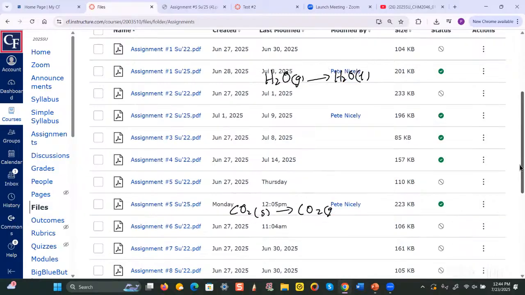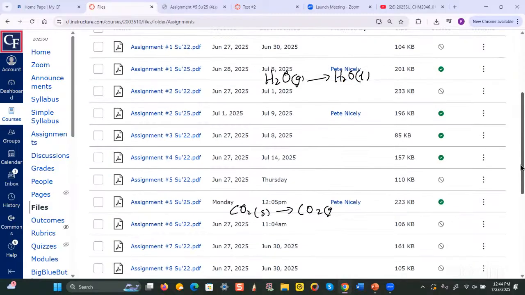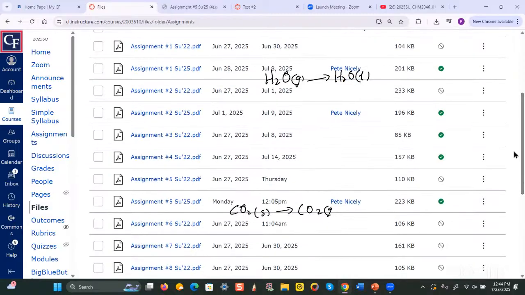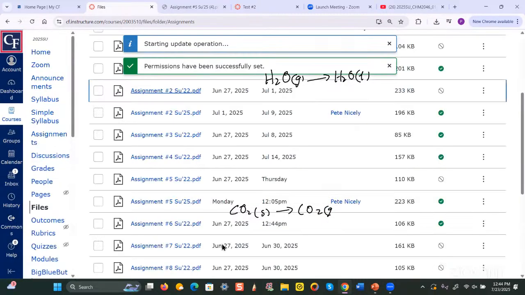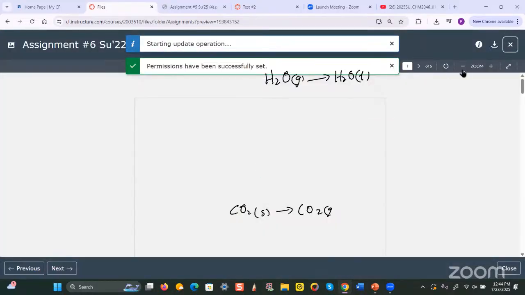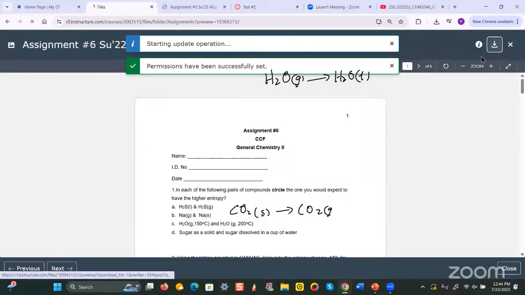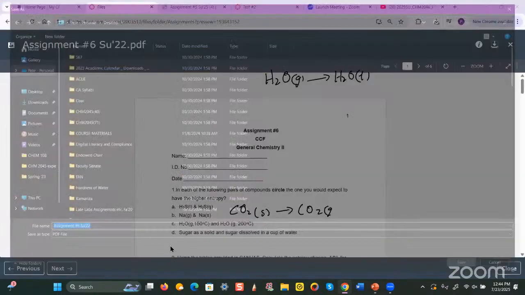This is assignment number 6. Okay, so for you guys out there in Zoom, you should now be able to access assignment number 6.